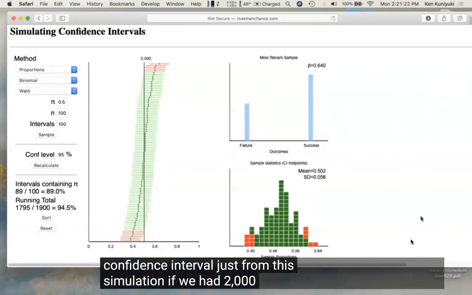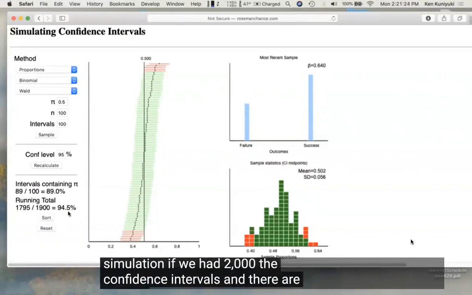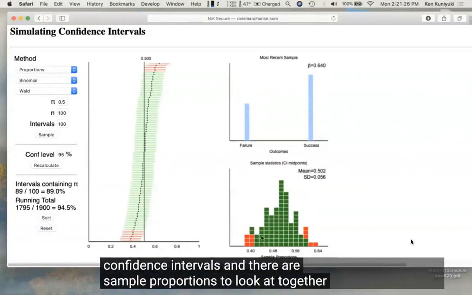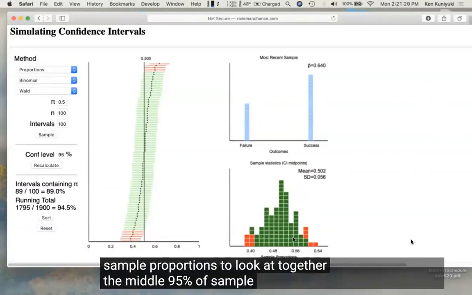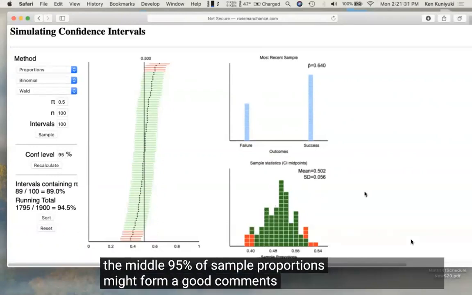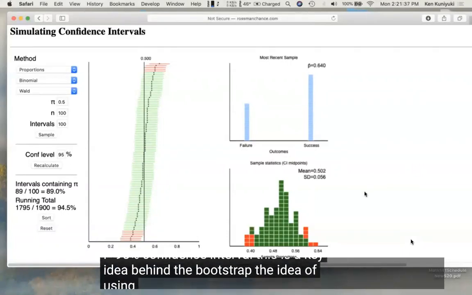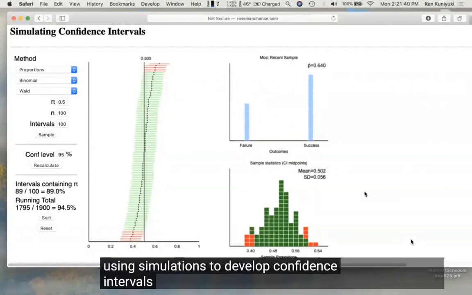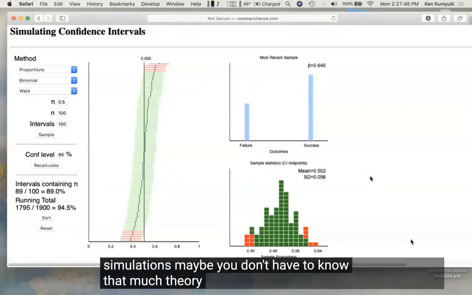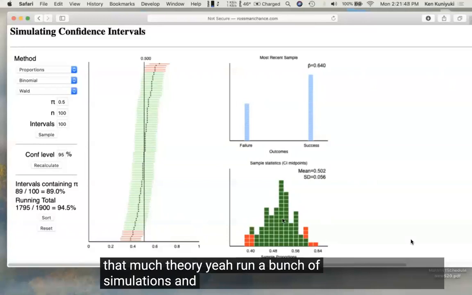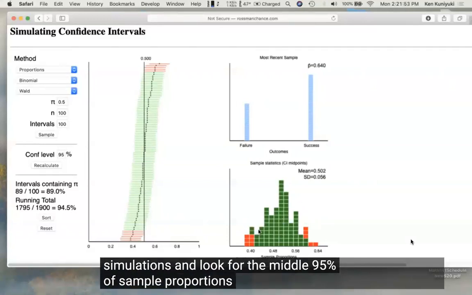Together, the middle 95% of sample proportions might form a good confidence interval for P. This is a key idea behind the bootstrap, the idea of using simulations to develop confidence intervals. Maybe you don't have to know that much theory. Run a bunch of simulations and look for the middle 95% of sample proportions.